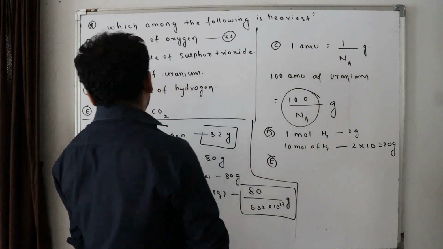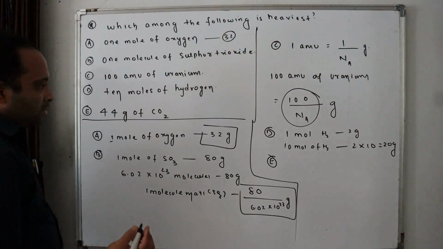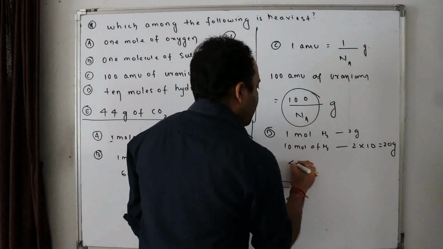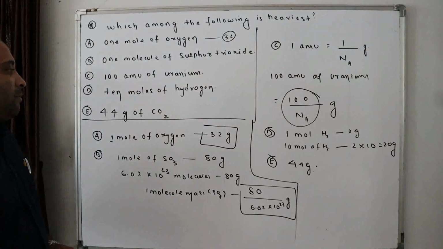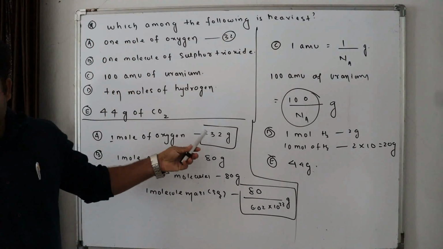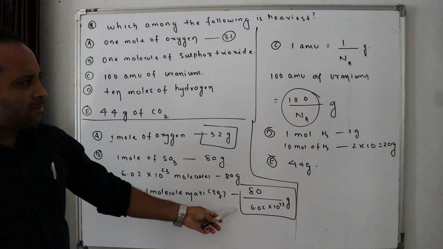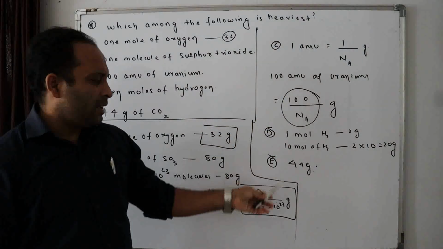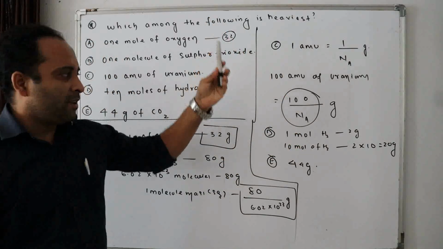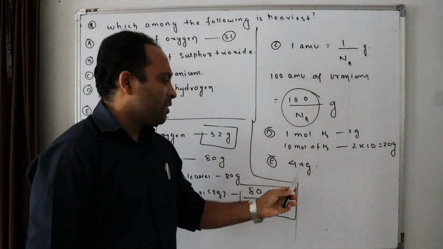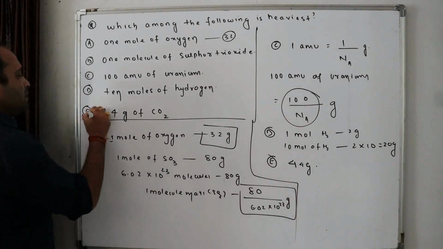Now comes E. 44 gram of CO2. It is already given, 44 gram. Which among the following is heaviest? Now tell me. This is 32. This is 80 by this much, very, very less value. 100 by 6.02 into 10 to the 23, very, very less value. Now this is only 20 gram. This is 44 gram. So answer is E.